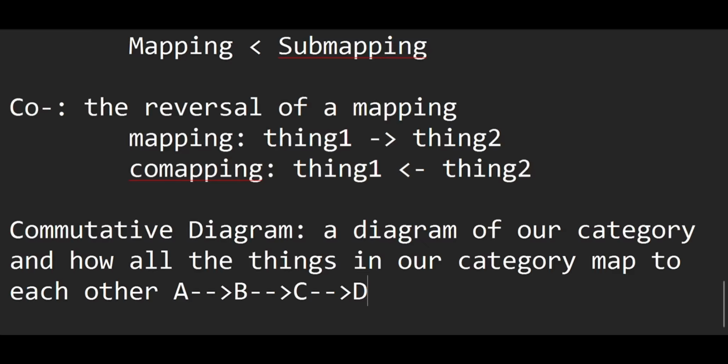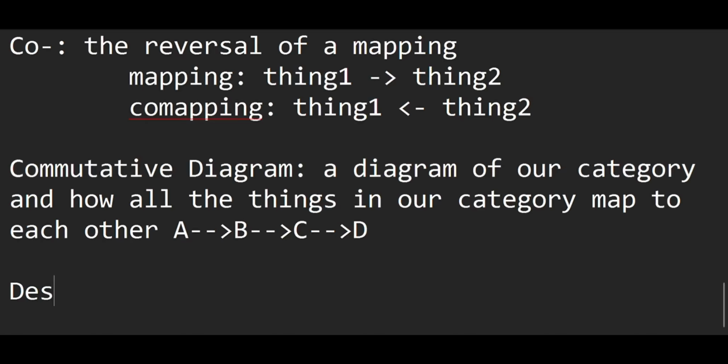So before we delve into making our own commutative diagrams, I wanted to put forward a design process to give people an easier time of making our commutative diagram. So here's a design process.